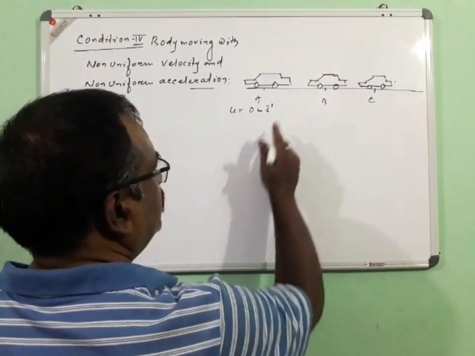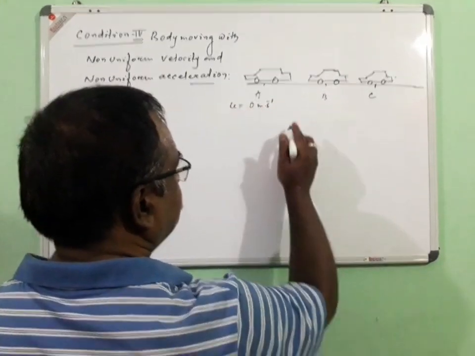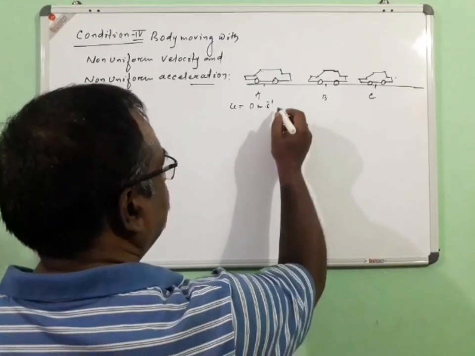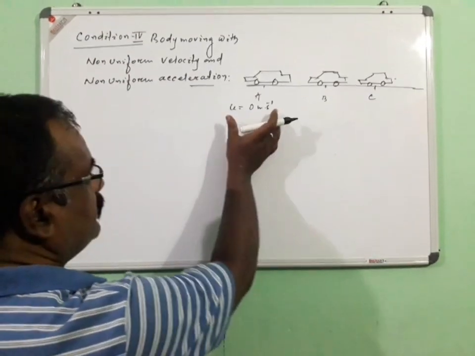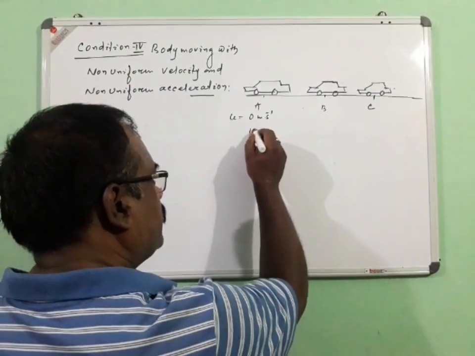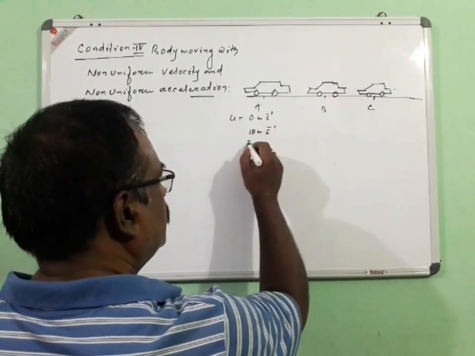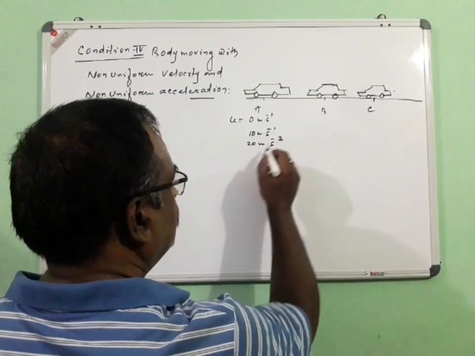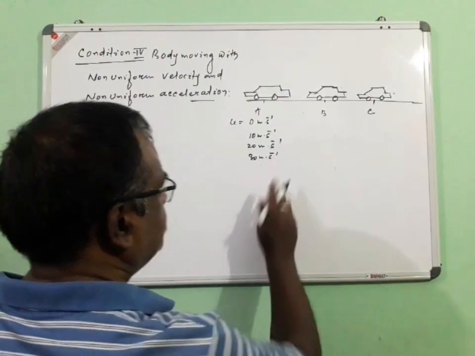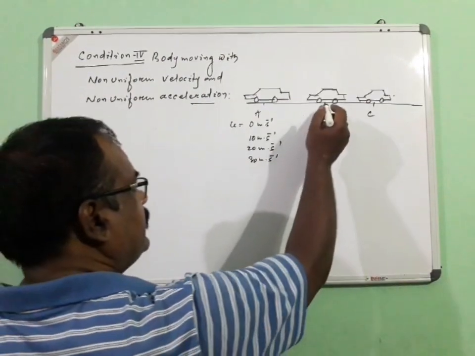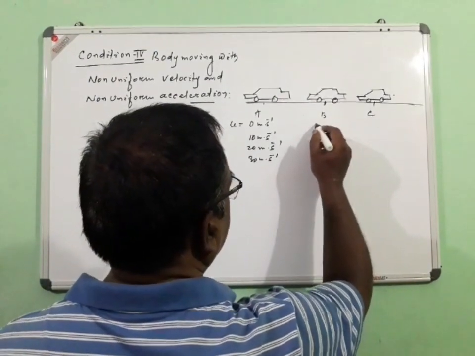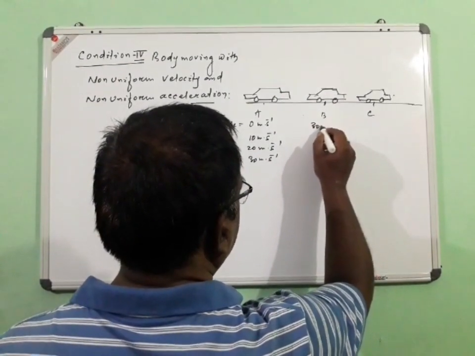As time passes, it took 10 seconds from A to B, in which the velocity of the car goes 10 meter per second, 20 meter per second, 30 meter per second. Likewise it has increased and finally it has reached B. When it reached B, the velocity was 30 meter per second.